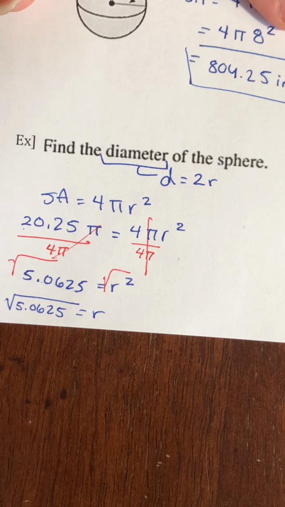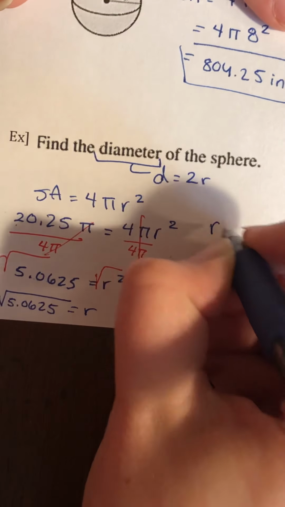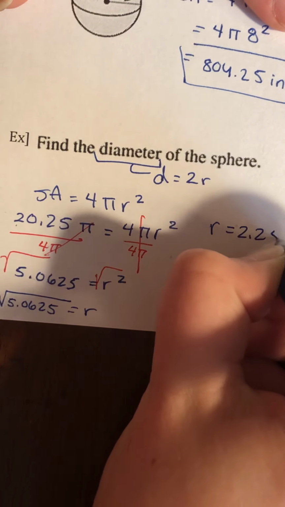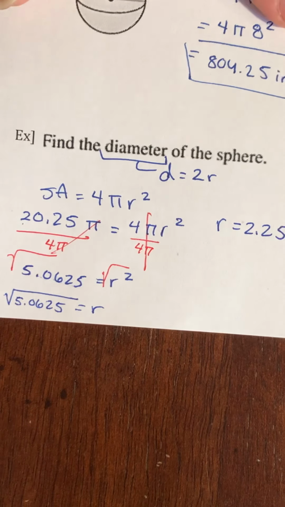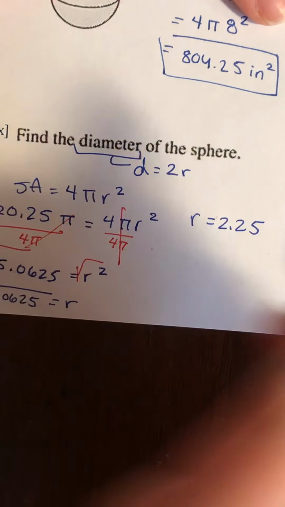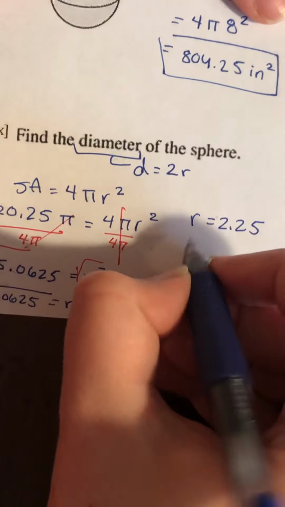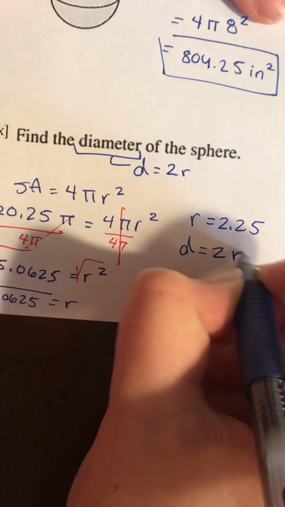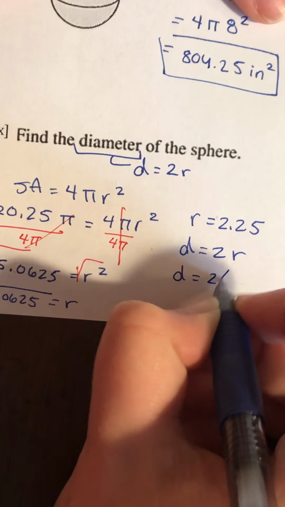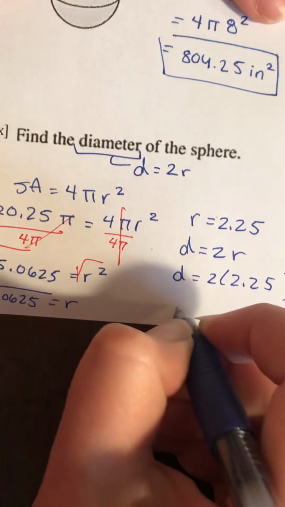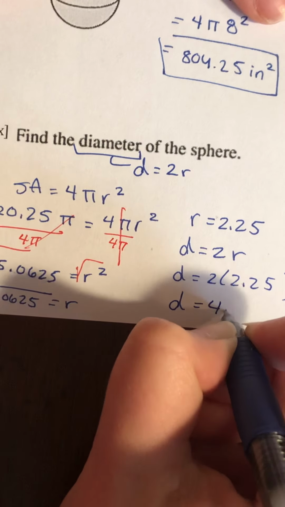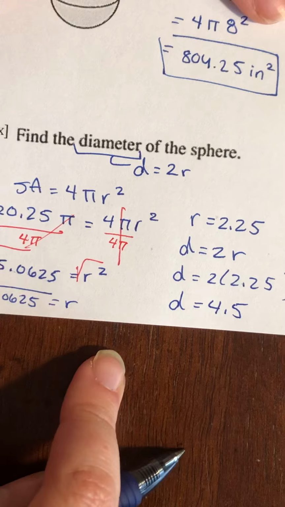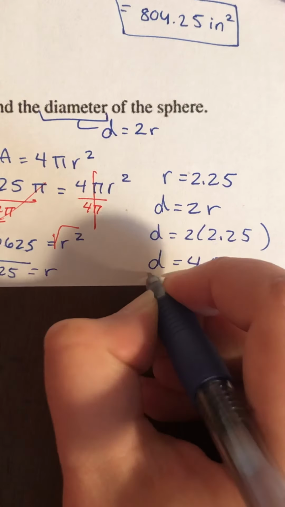If you take the square root of that, your radius is 2.25. So remember, it asked for the diameter. So you multiply that by 2, and the diameter here is 4.5. What are the units? Well, this is in centimeters squared, so it'd be centimeters.